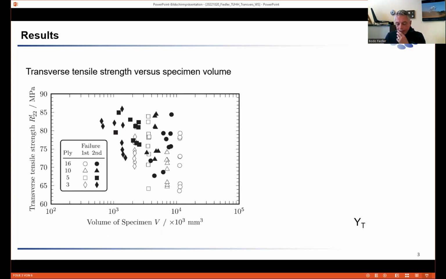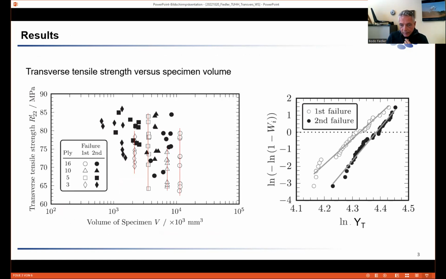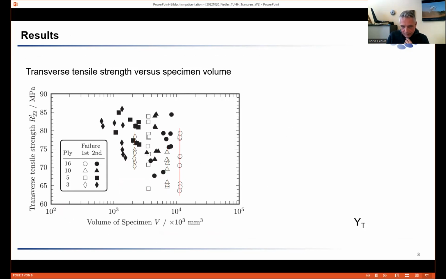Here you see now the transverse tensile strengths plotted, here for the thickest specimen, where you see this red thin line. As Federico already said in his introduction, the scatter is rather large.